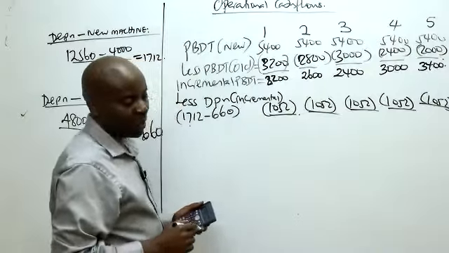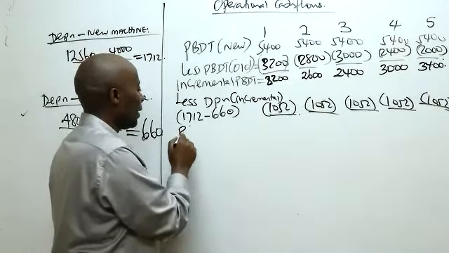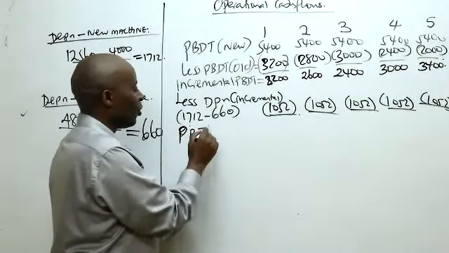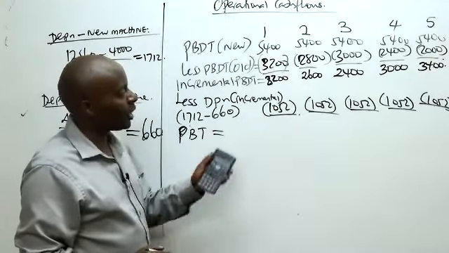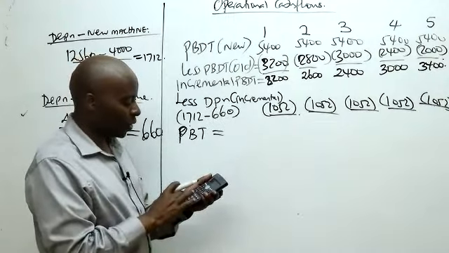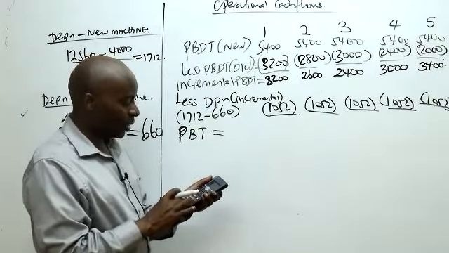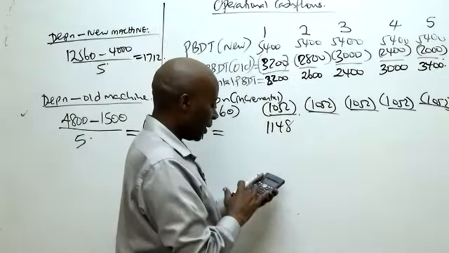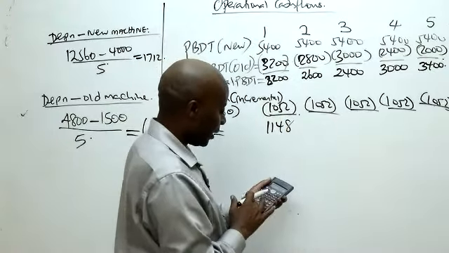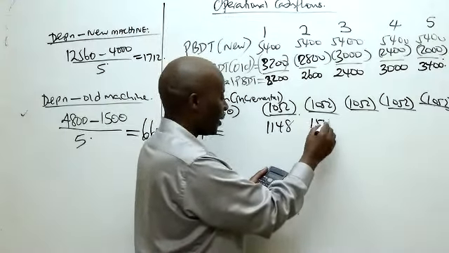So here we are, subtract for us. What you will get will be called a profit before what? Before tax. What you will get will be called a profit before tax. So we have 2200 minus the answer, which gives us 1148. We have 2600 minus 1052, which gives us 1548.